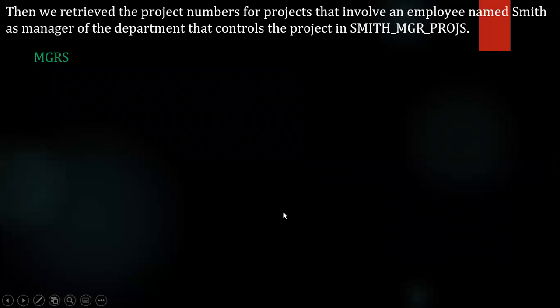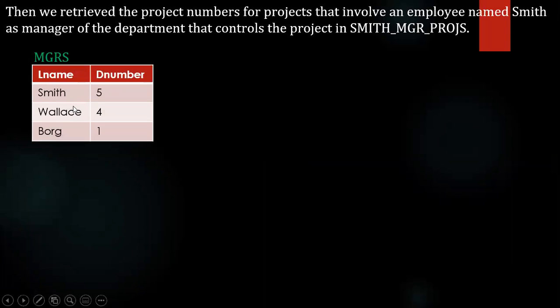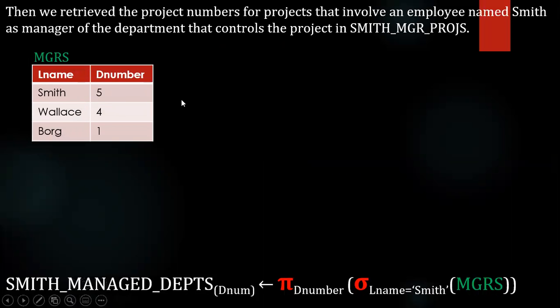Now what I need to do is find the projects where Smith is working as a manager. We need to find those project numbers. So I will join this manager table.